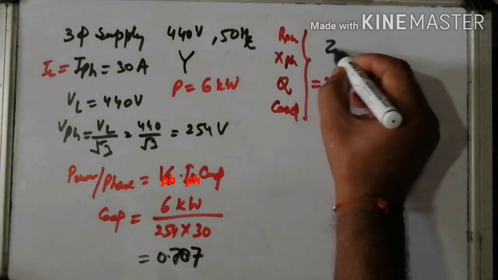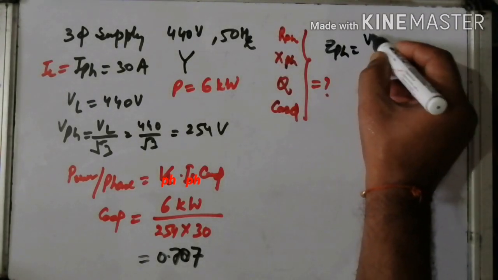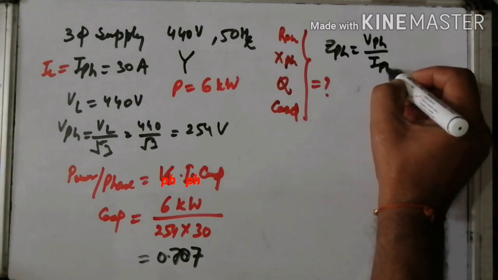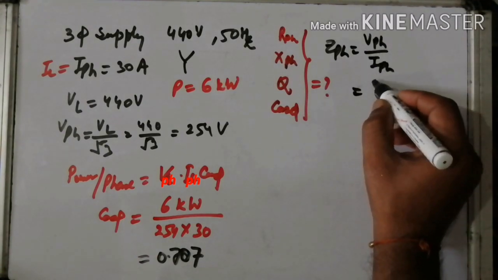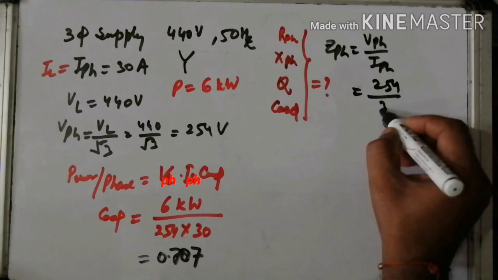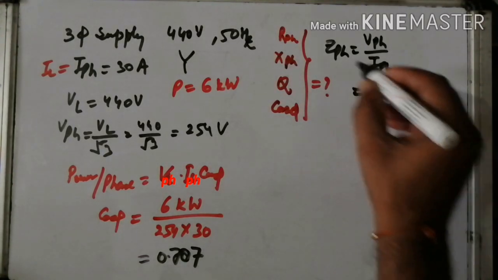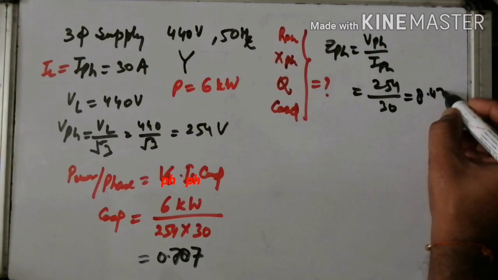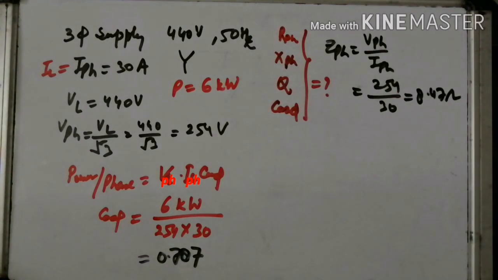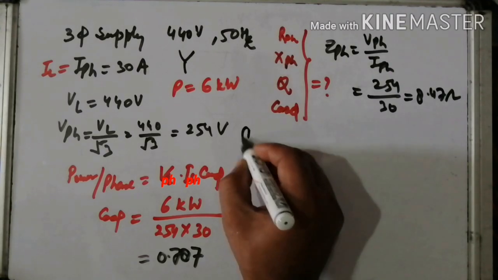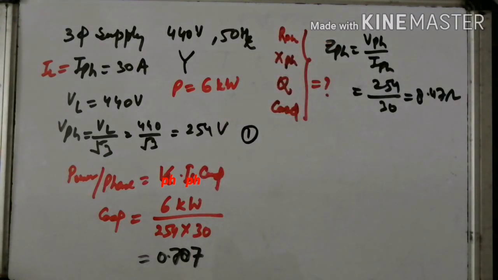For the value of ZPH, it is VPH divided by IPH. VPH is 254, IPH is 30. With the help of these two, we can calculate ZPH, that is 8.47 ohm. Now see the first part, that is RPH.